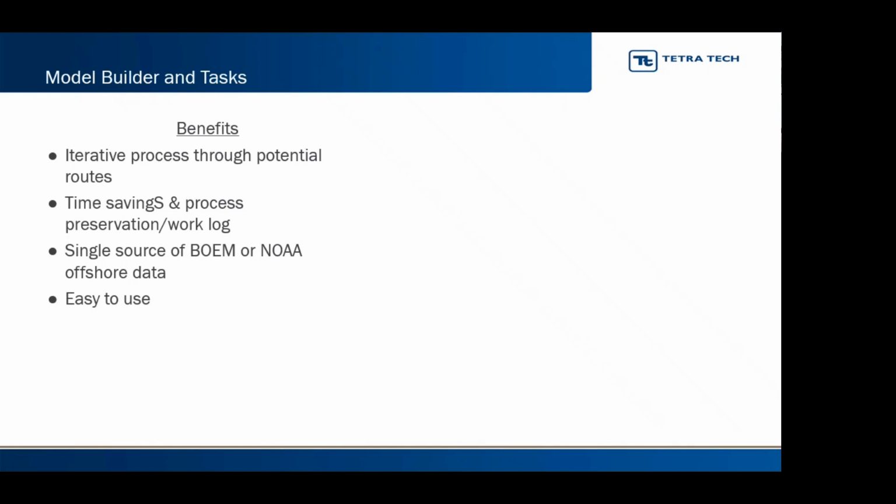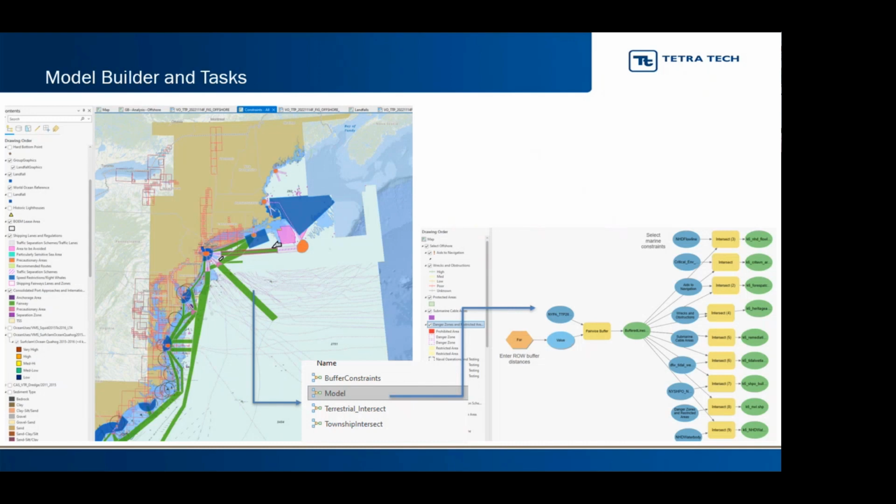And I'm going to skip to my main point, which is we chose Model Builder over any kind of scripting because it's easy to use. It's easy to set up, it's easy to rearrange. And when you have a large number of teams with a large number of skills doing the constraints analysis and looking at the data, Model Builder was just the fastest way to preserve this workflow.